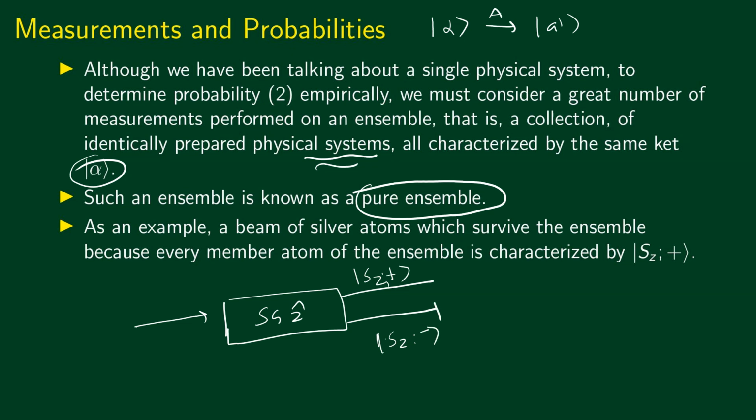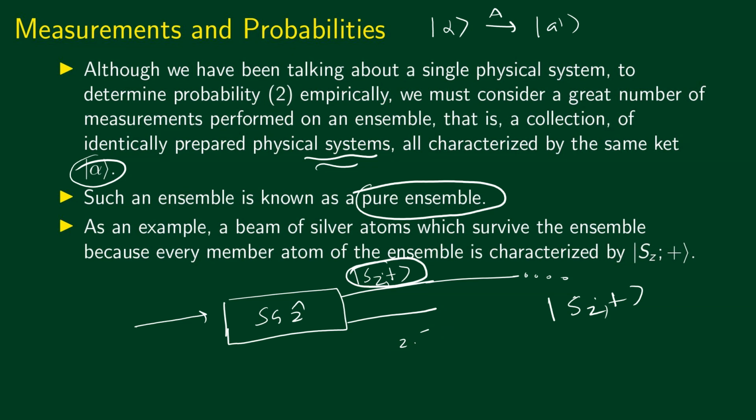Then I block all the atoms characterized by Sz minus. So I have only one output here, and all the atoms coming out now have exactly the same state, represented by Sz plus. You can call this a pure ensemble.